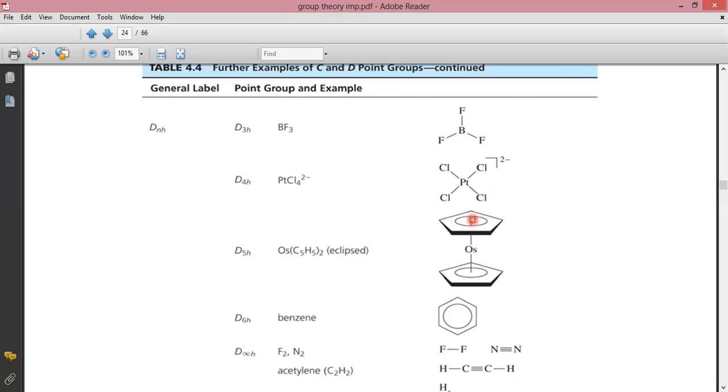Five C2 axes are also present in this molecule, and this molecule has D5H point group. Similarly, in the case of benzene, I have discussed it in detail.